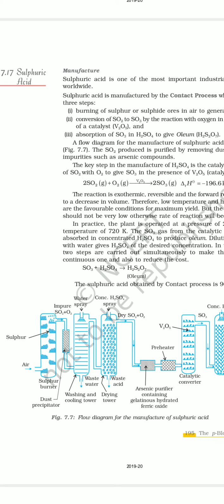Air enters the sulfur burner and it reacts with the sulfur present here, and sulfur dioxide is formed. Sulfur dioxide which is formed leaves this sulfur burner. From the upper side, some unreacted oxygen gas is also present. So sulfur dioxide and oxygen leave this chamber and then they come to the dust precipitator.